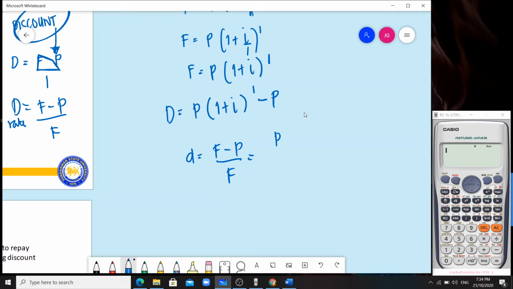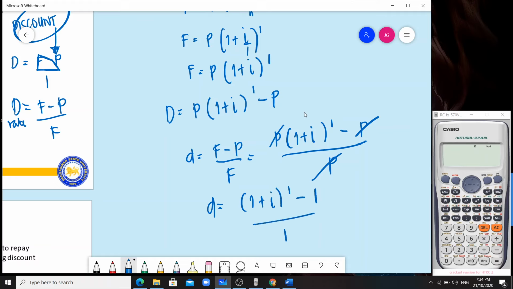So, ito magiging P (1 plus I) raised to 1 minus P over P (1 plus I) raised to 1. Sorry, mali pala to. Ito ay P (1 plus I) raised to 1 kasi F pala. Okay. So, maka-cancel to. So, matitira dito sa baba, 1 plus I raised to 1.